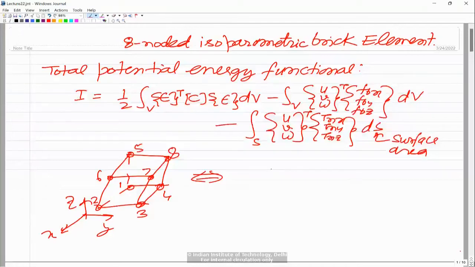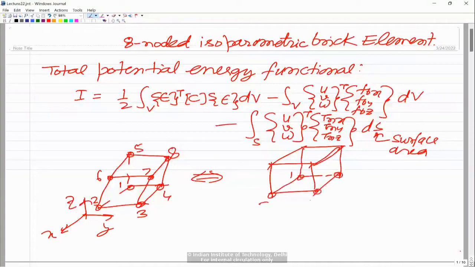So this is the cube in the natural coordinate space, and again these are the nodes 1, 2, 3, 4, and 5, 6, 7, 8. So there is a one-to-one correspondence between the nodes 1 to 8 in the physical coordinate space, that is x, y, z, and in the cube.